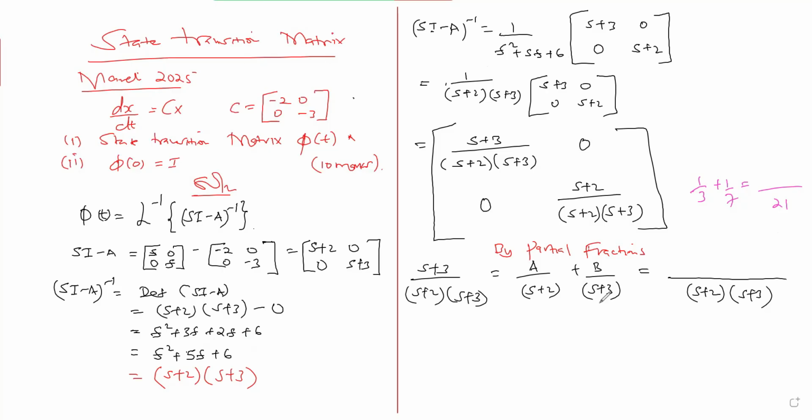So since these two are not the same and don't have anything in common, because they are binomials, we multiply them. So the LCM is the product of this one and this one. Then we say, 3 goes into 21 how many times? 7, right? Then 7 times 1 gives you 7 here. Then 7 goes into 21 how many times? 3, right? Then 3 times 1 gives you plus 3.